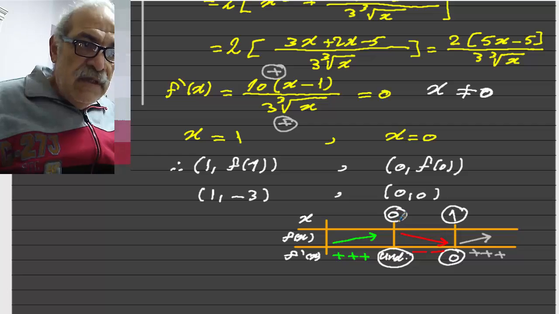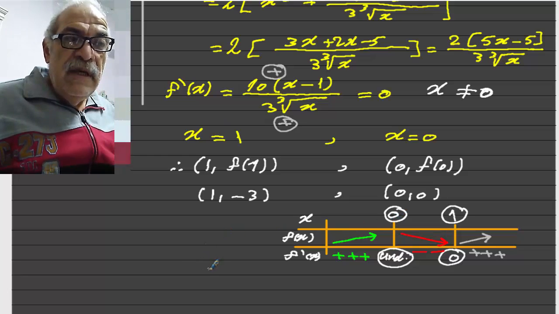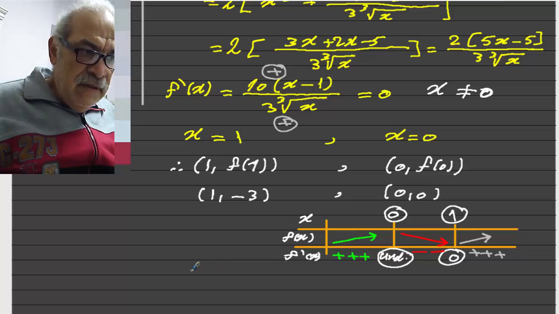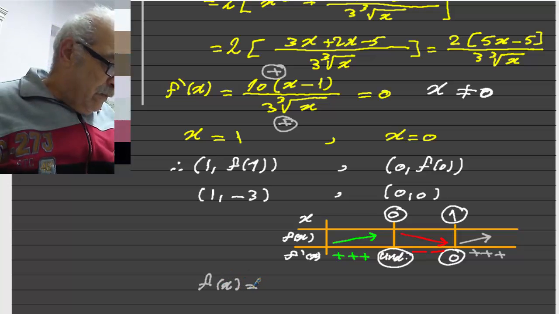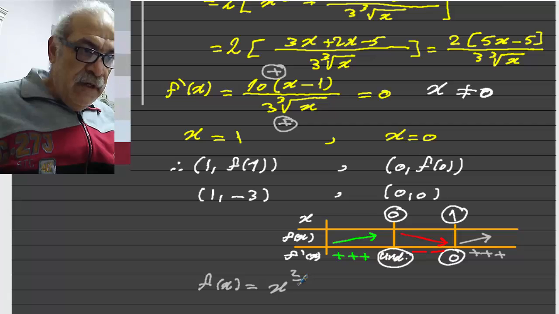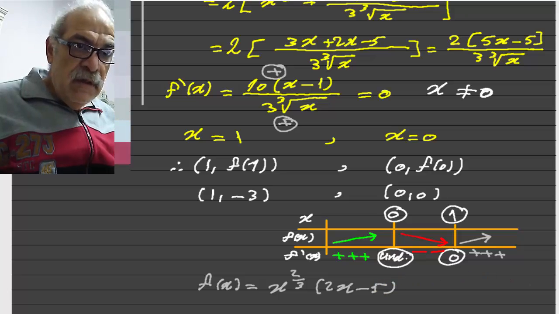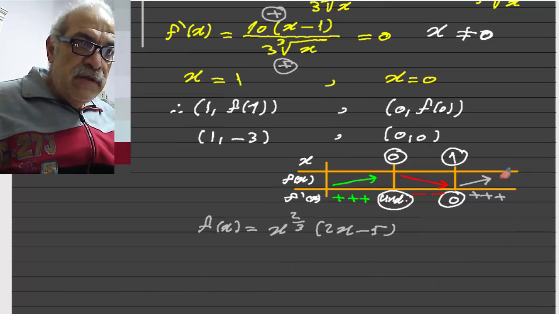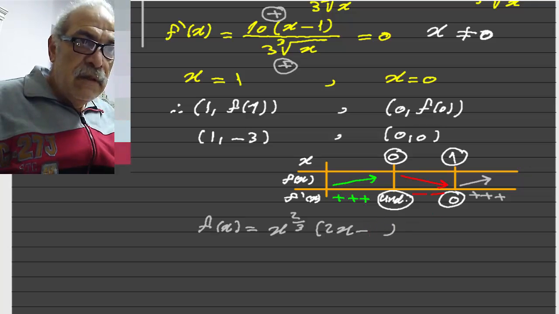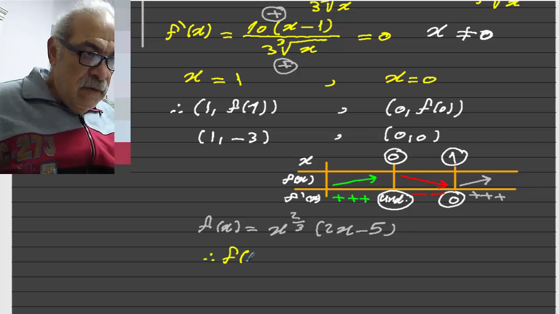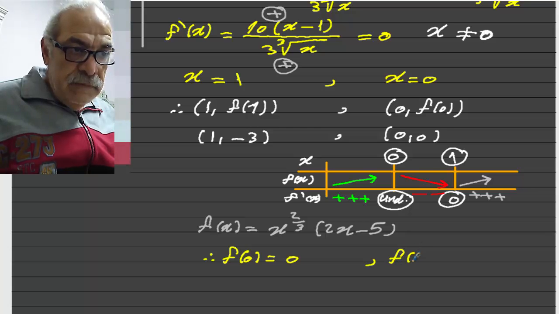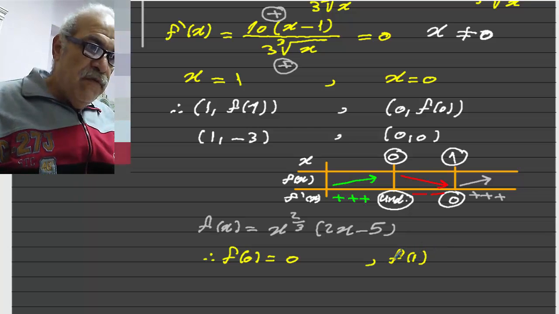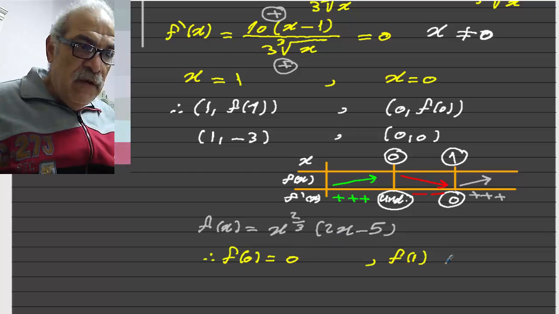So the point 0 and f of 0 is a local maximum point. We write f of x equals x power 2 over 3 multiply 2x minus 5. So f of 0 equals 0, and f of 1 equals negative 3.